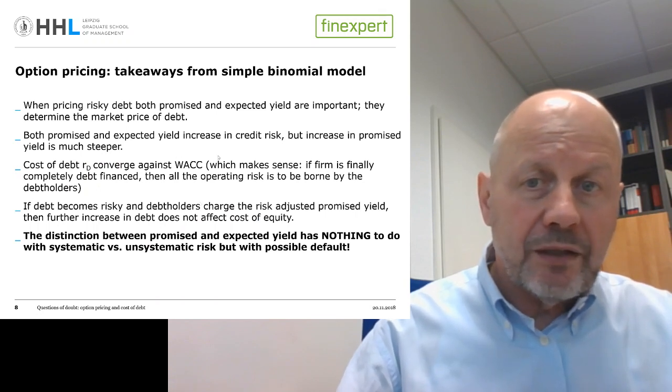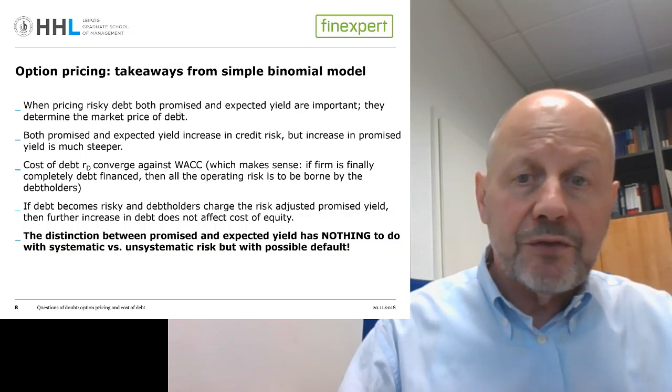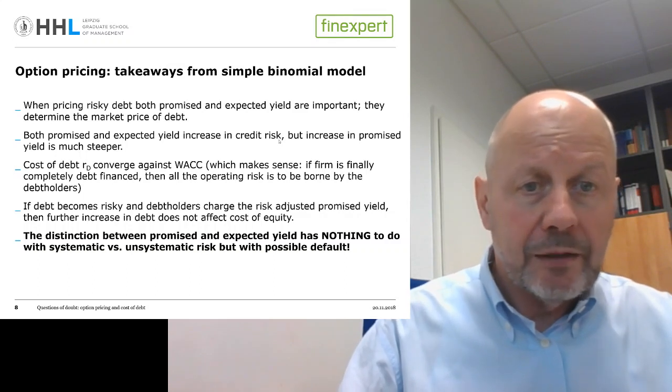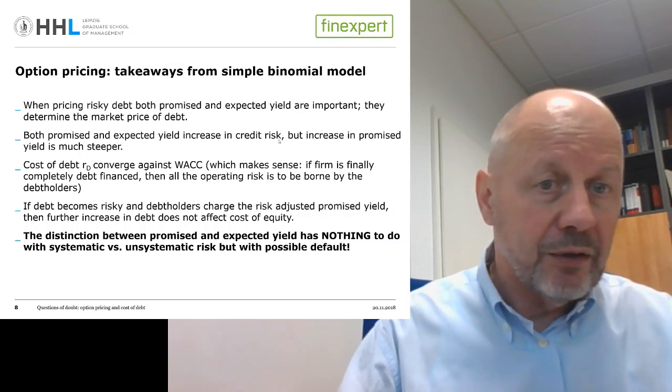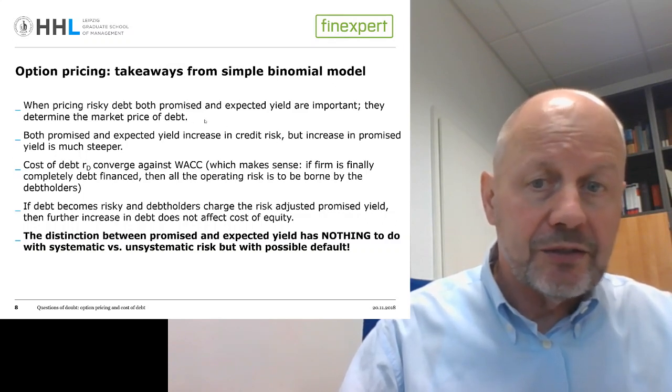So what are the key takeaways from the simple model? First, we have seen that we have to distinguish between promised and expected yields, and both are important, and in our example both have to be known in order to determine the market price of the debt.